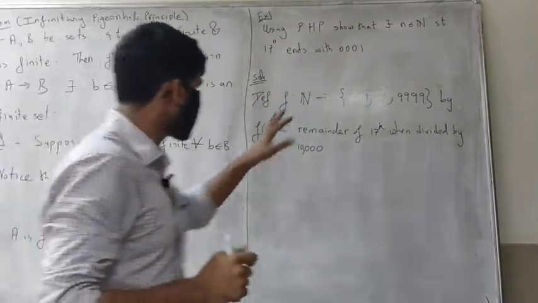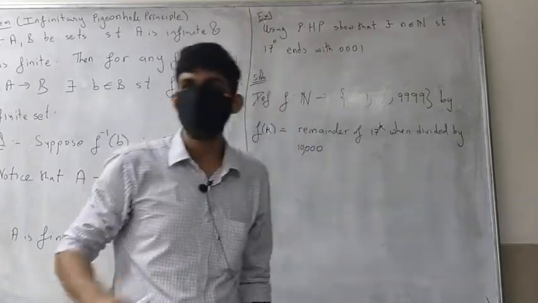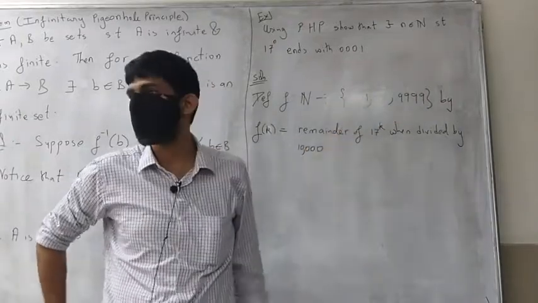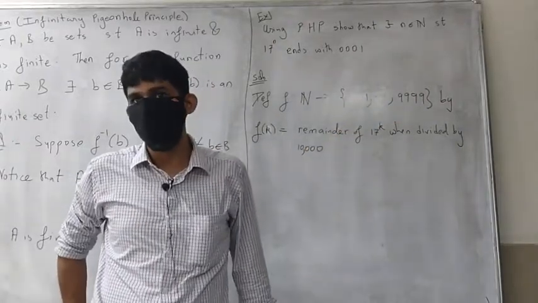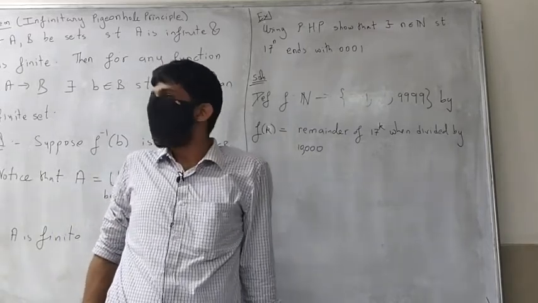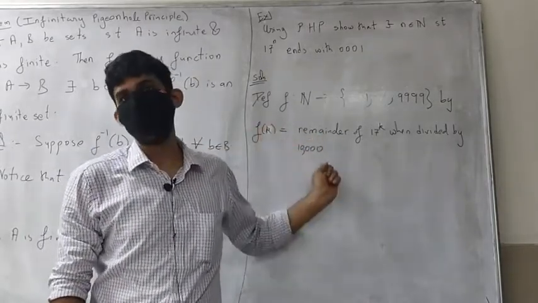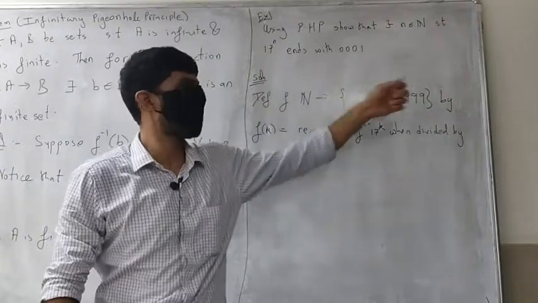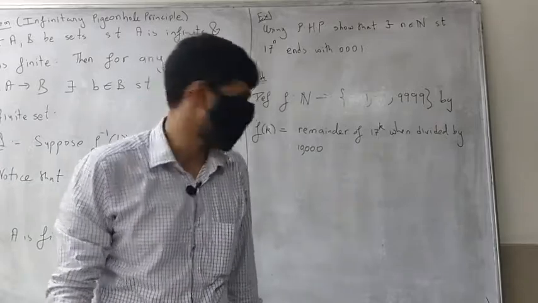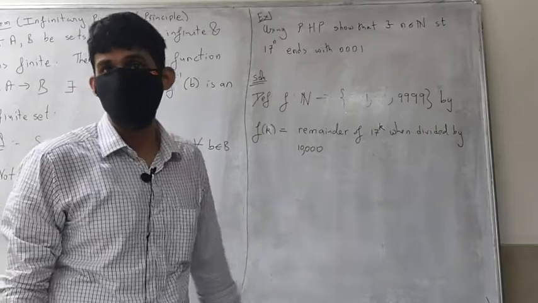What are the possible remainders of a number when divided by 10,000? Exactly these, right? These are the only possible remainders. The possible remainders when divided by some t is 0 up to t minus 1, right? So the possible remainders of anything when divided by 10,000 is 0 to 9,999, 10,000 minus 1. So this function is very well defined.